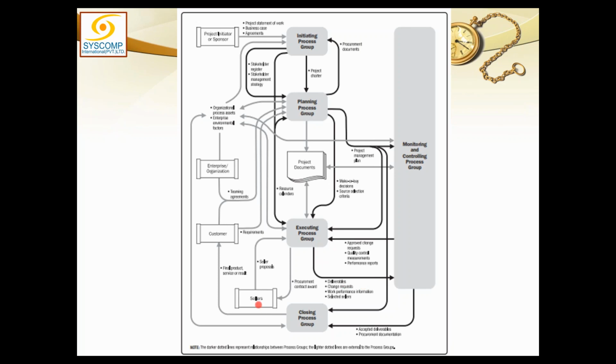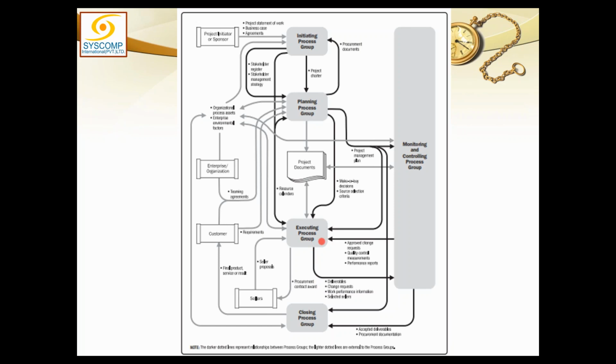Moreover, we have selected the contractor. So the selected sellers along with the contracts we have signed with them are also sent to monitoring and control. From the subcontract point of view, we do not have to do the subcontract. The contractor has to do it. In our execution, it is enough that we have awarded the contract to a contractor.